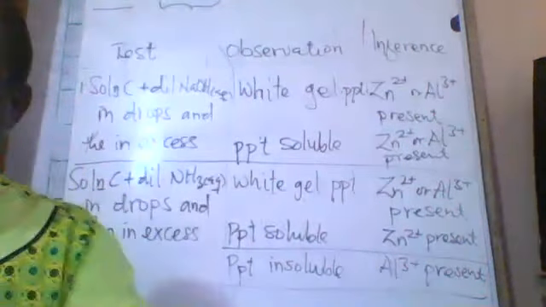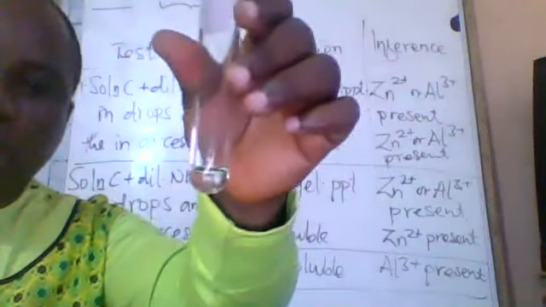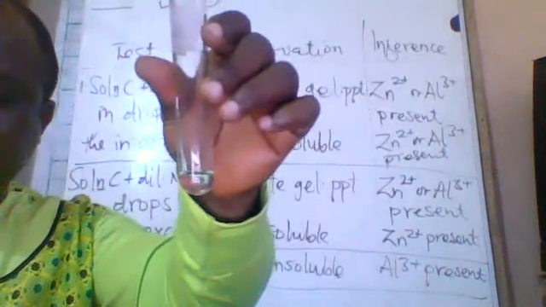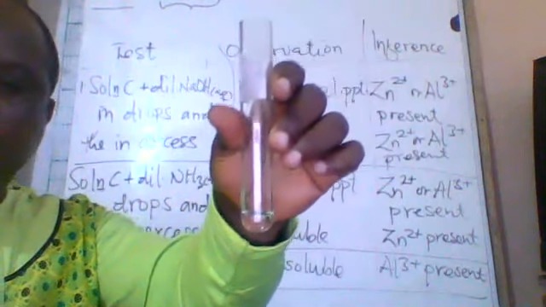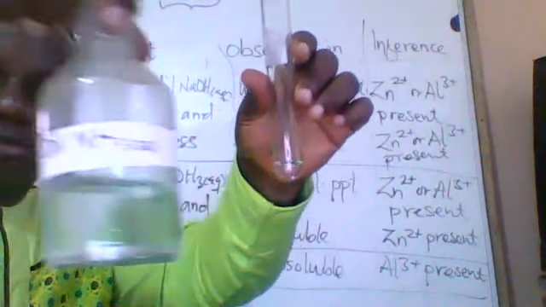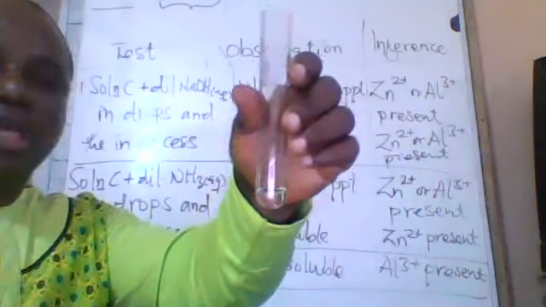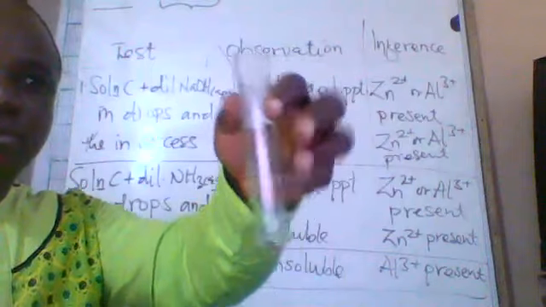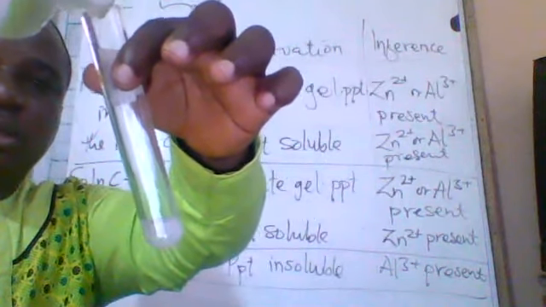It's the same one that I used at first, the same test reagent. So I have poured another portion. This is about 2 cm cube. Yes. Now I'm adding ammonia solution. There's the dilute ammonia solution, aqueous, in drops. In drops. So I add without shaking. That's the drops. Can you see the jelly-like? That's the jelly-like. You can see it clearly.